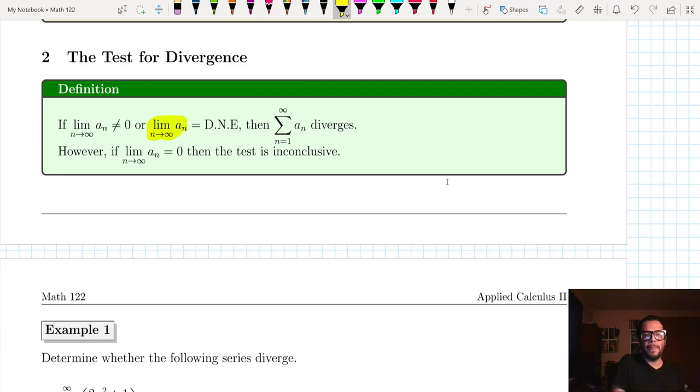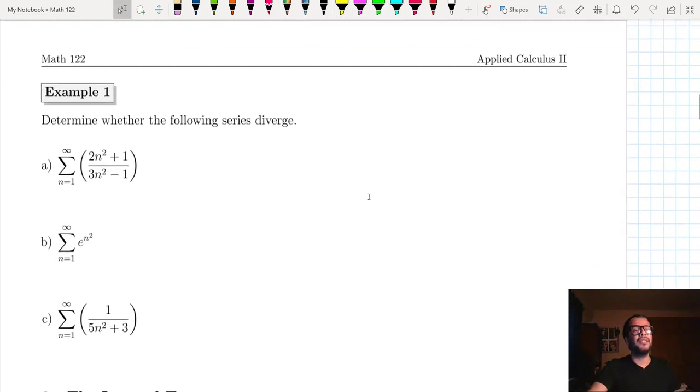If the limit is not zero, or DNE, then the series diverges. Otherwise, be careful. If the limit is zero, then the test is inconclusive. So in this case, we're not going to determine whether the series converges, just divergence, and otherwise it's inconclusive.